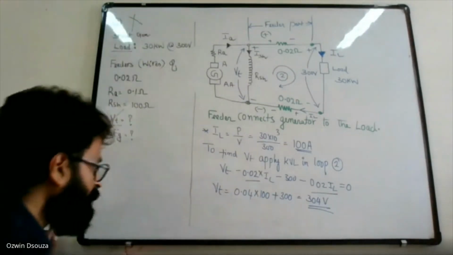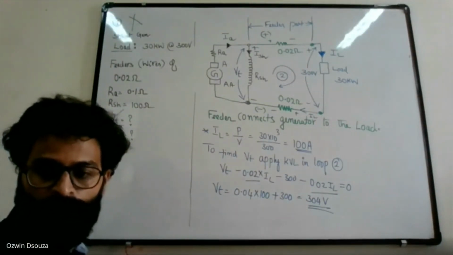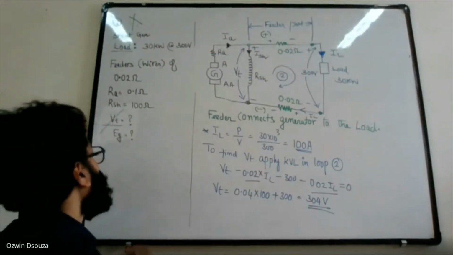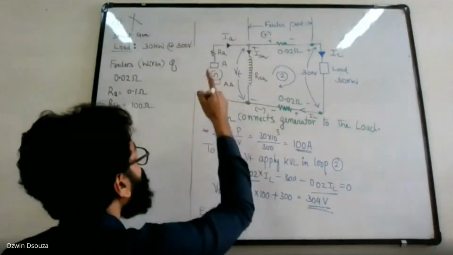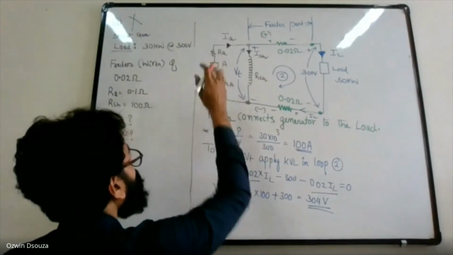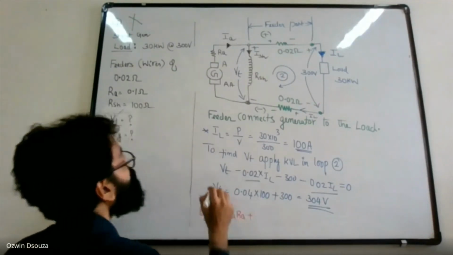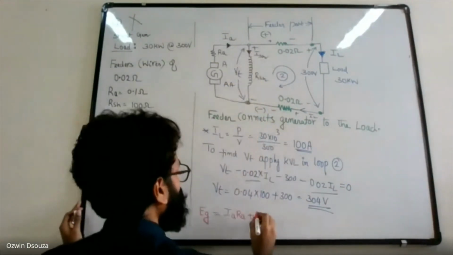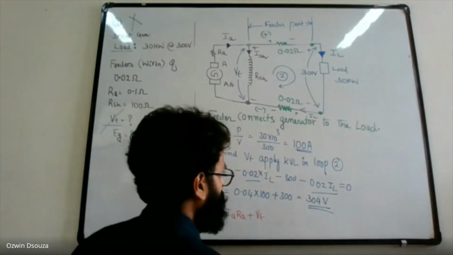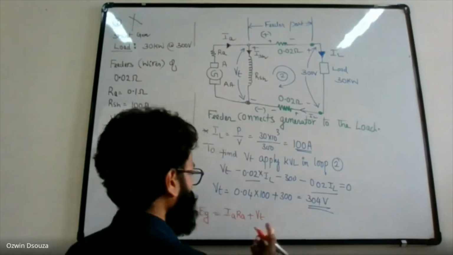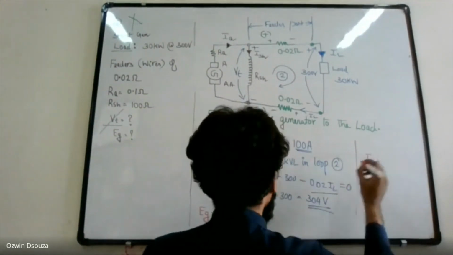Once VT is known, you can find EG. EG is equal to the IA RA drop plus the terminal voltage V. There is no information on armature reaction drop and brush contact drop, so you can directly take them as 0. But we need to know IA.